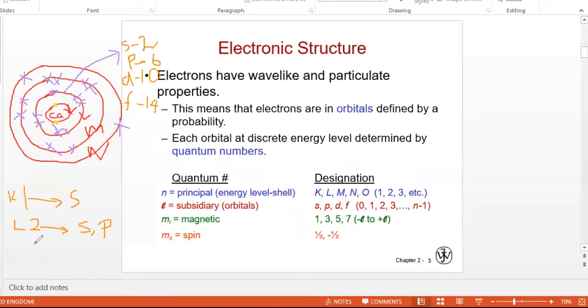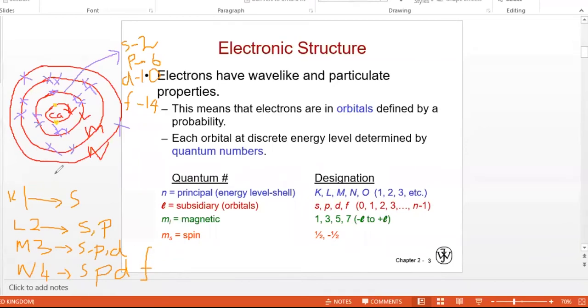In the third orbit, which is our M, we will have s, p, and d. And in the N orbit, we will have s, p, d, and f.